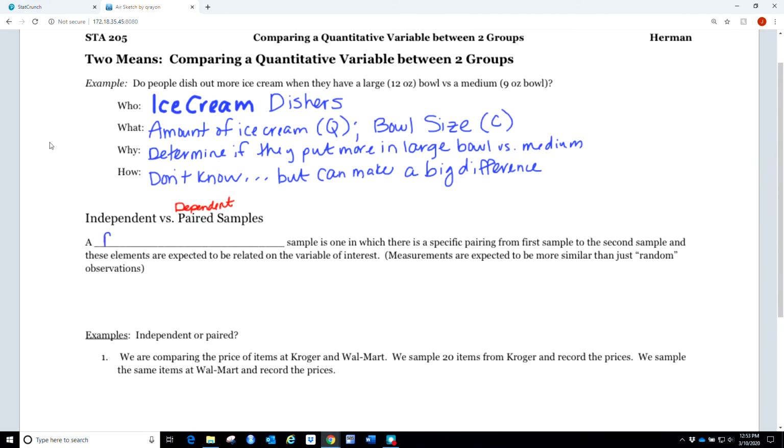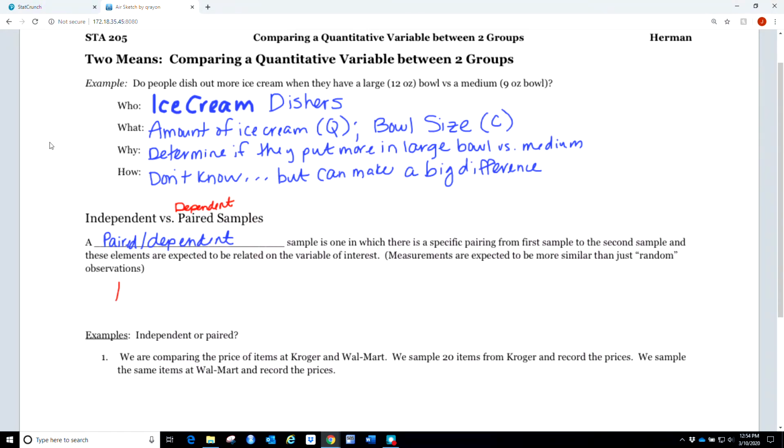A paired or a dependent sample is one in which there is a specific pairing from the first sample to the second sample, and they're expected to be related on the variable of interest. That is, the measurements are expected to be more similar than just random observations. So we're going to be going through some examples to try to understand when things are independent samples versus when they are paired or dependent samples.